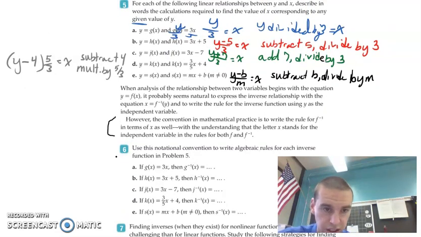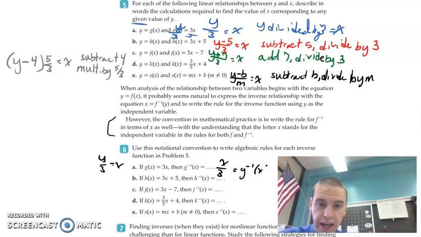So if we write here y over 3 equals x, how should we write it in the correct mathematical way, even though it may not make sense, is we switch x and y, so it should be x over 3 equals g inverse of x. And by writing this g inverse of x, we know that it's the inverse function.